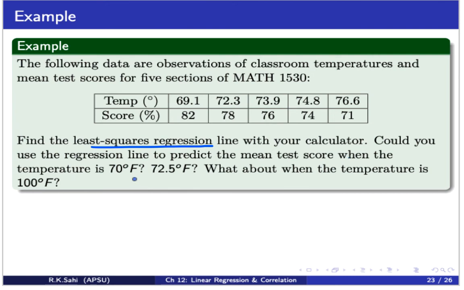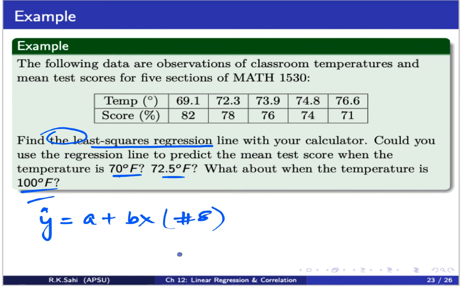And then we would ask the question, can we use this regression line to predict the mean test score when temperature is 70 degrees, 72.5 or 100 degrees? Let's begin with finding the least squares regression line. That means we need to find y cap equals a plus bx. That's number 8, guys, on your calculators. Let's go ahead, plug in the values.